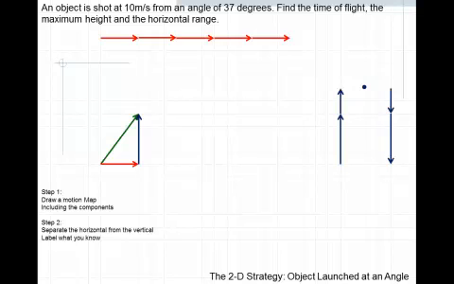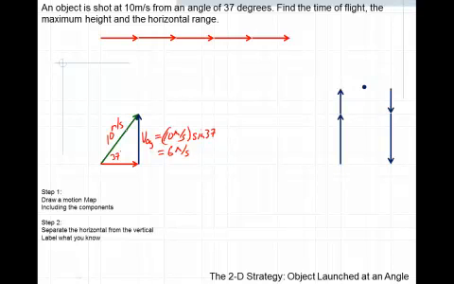So, for example, at the very beginning we can look at the initial velocities. If the object's going at 10 meters per second at 37 degrees, we can find the initial y velocity as being 10 meters per second times the sine of 37 degrees, and that would be 6 meters per second.